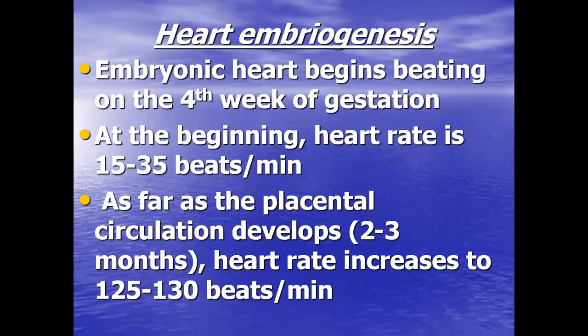As soon as placental circulation is formed, the heart rate increases up to 125-130 beats per minute, and such a rhythm is rather stable in normal gestation. In pathological conditions, deceleration or acceleration of the fetal heart rate is possible.